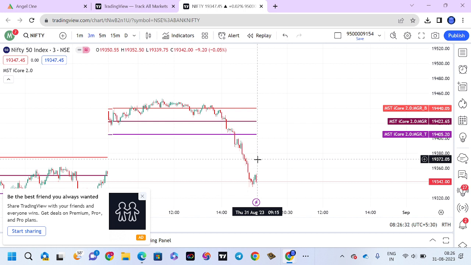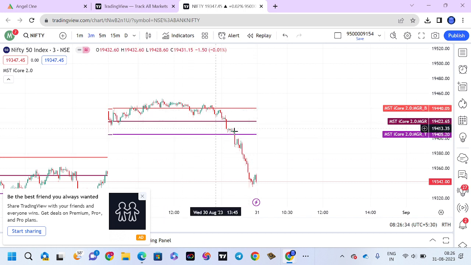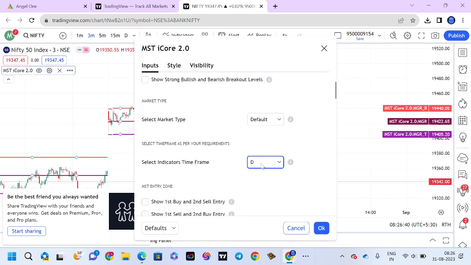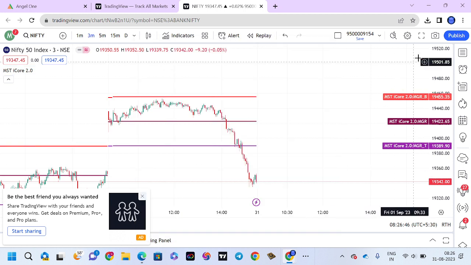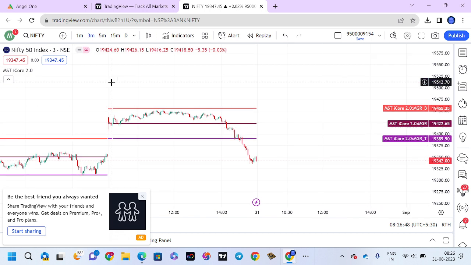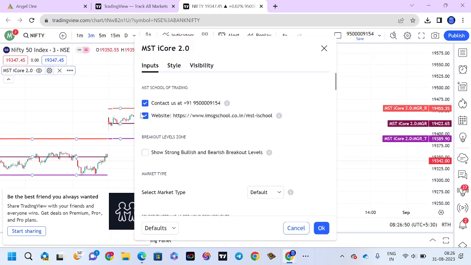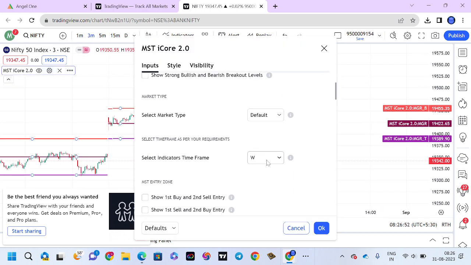Below the CPR level, you can go for sell. In between, there will be some sideways market. So here also you can follow the day time frame, weekly time frame for analyzing purpose. And the next one, what are the other options we have?